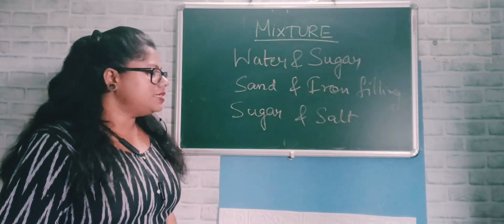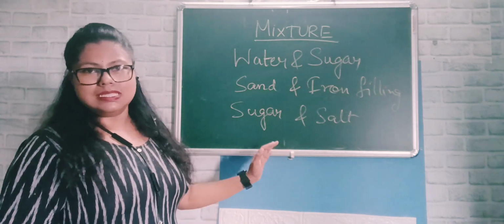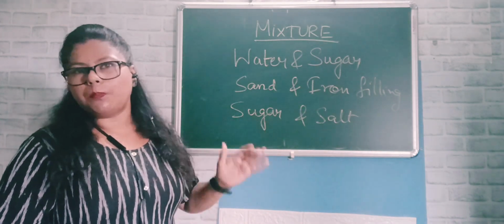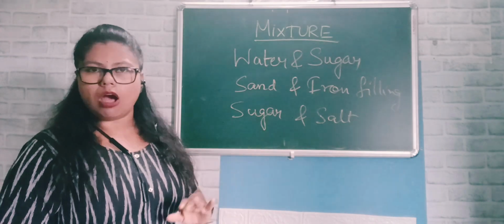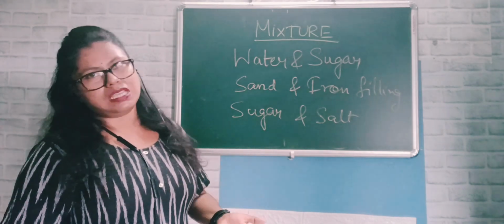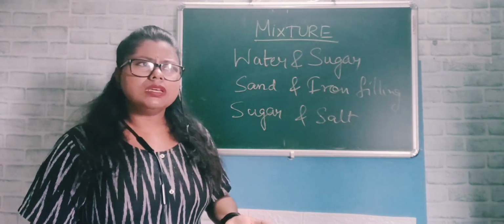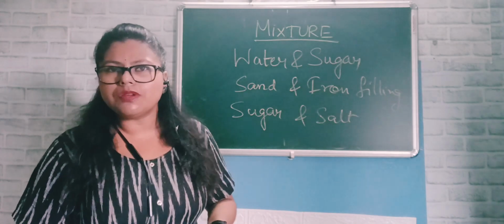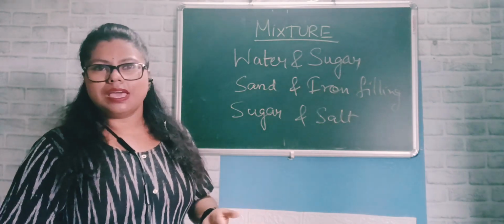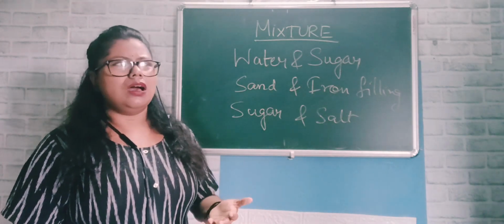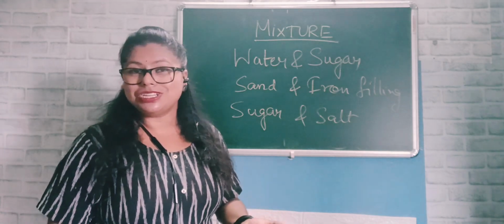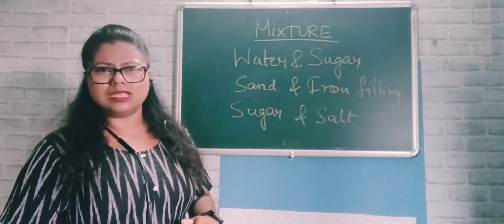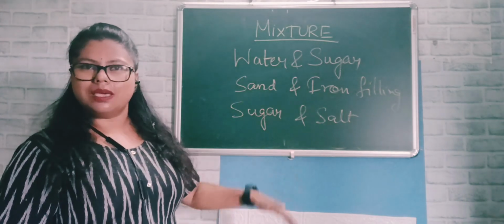And the third point is that these mixtures can be separated into their components by physical ways. Like it can be distillation, filtration, sieving, decantation, or sedimentation. Any physical process can separate them out.